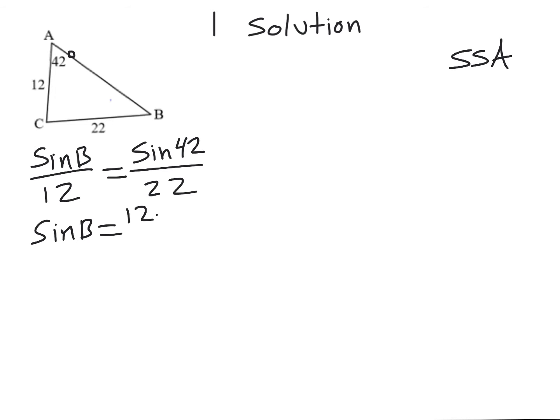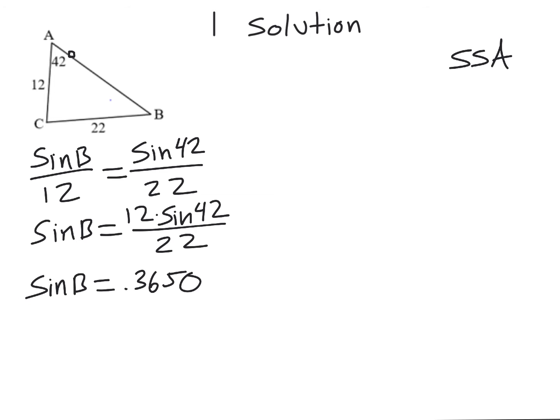Really just have to multiply both sides by 12. 12 sine of 42 over 22. Which gives me that 0.3650. Do an inverse.